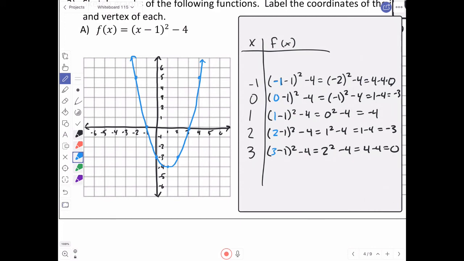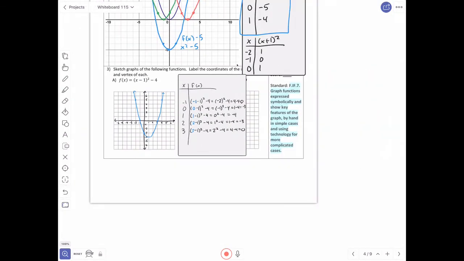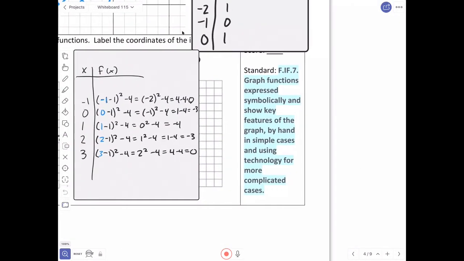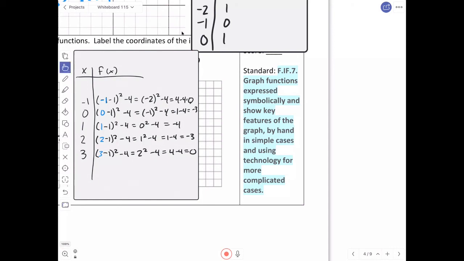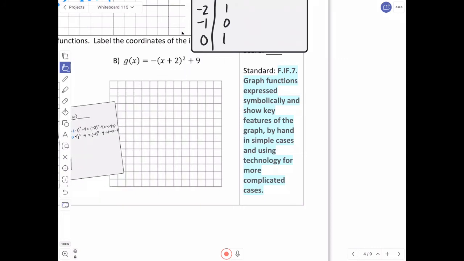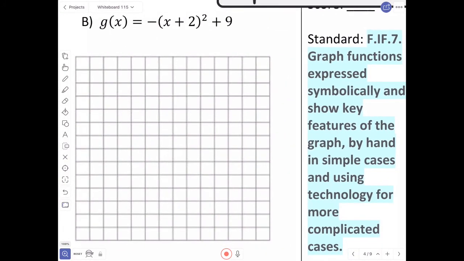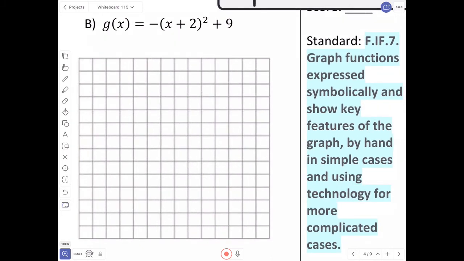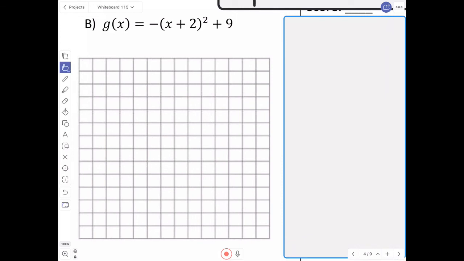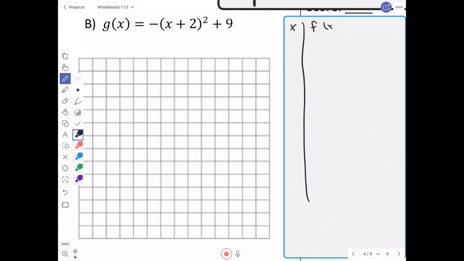Okay, that was A and B. Now -x plus 2 squared plus 9. Again, we'll want some workspace. And x, g of x.